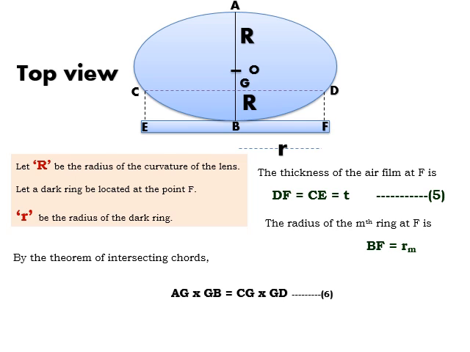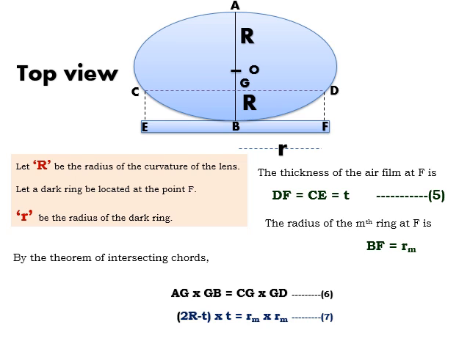That theorem says the product of segments of chords on a circle are equal. So for AB, AG and GB are the segments, and for CD, CG and GD are the segments. By putting the values of AG, GB, CG and GD, you will get this particular equation.